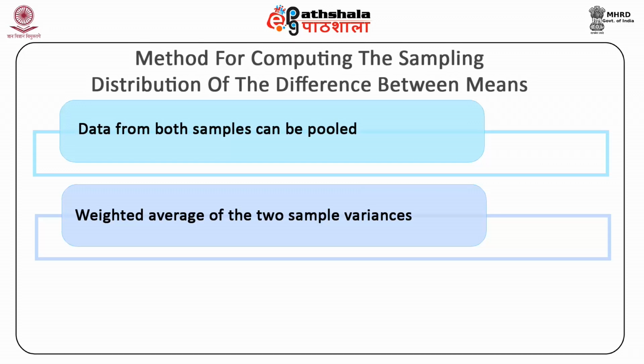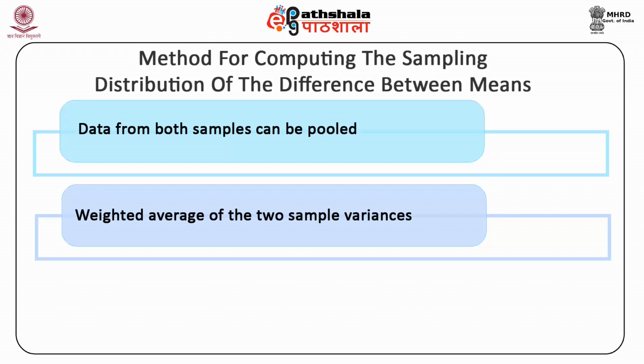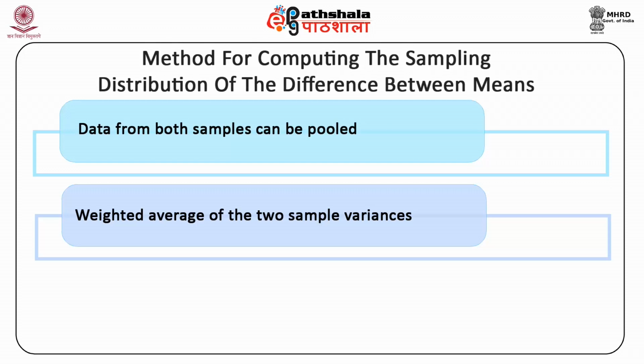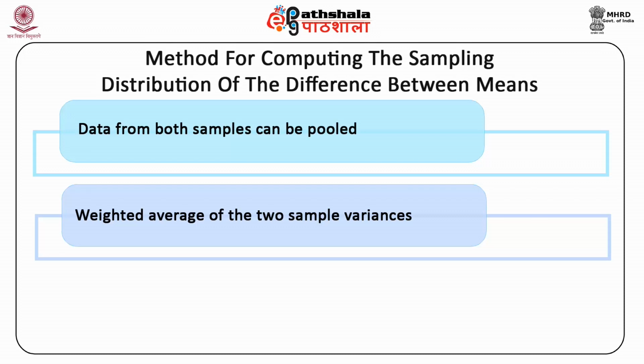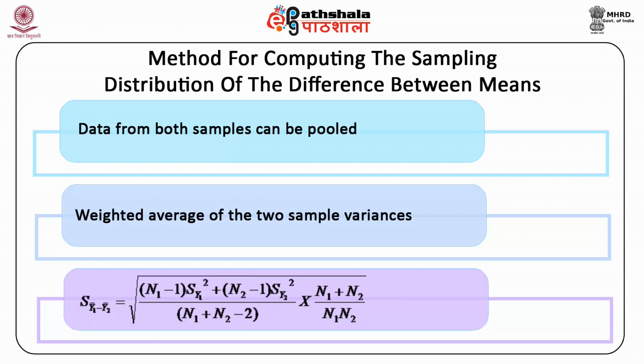Since the two samples have different sizes, we rely on the larger sample and take a weighted mean, which is given as S(y1 bar minus y2 bar) is equal to the square root of [(n1 minus 1) times S y1 square plus (n2 minus 1) times S y2 square] upon (n1 plus n2 minus 2), into the square root of (n1 plus n2) upon (n1 times n2), where S is the sample standard error.